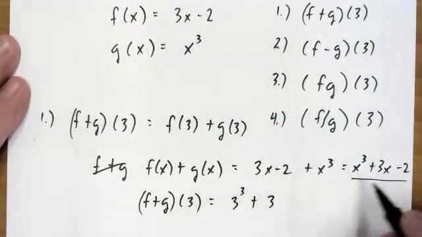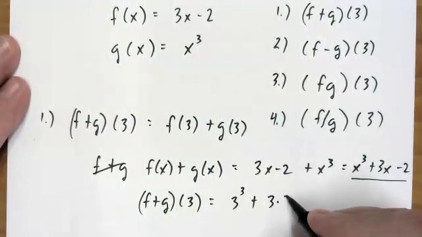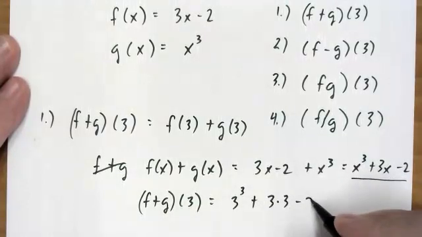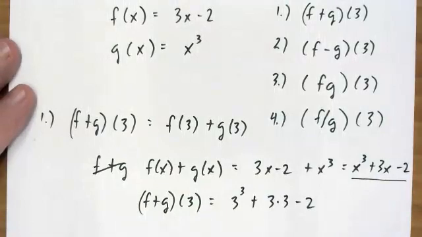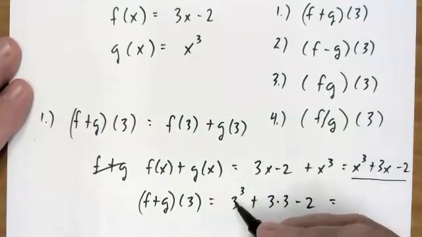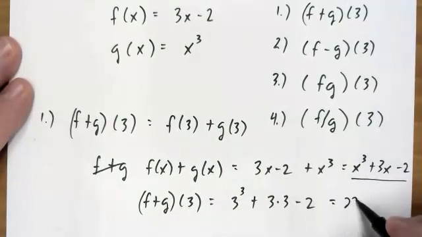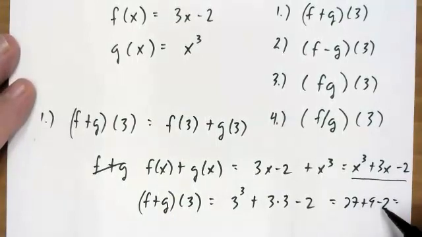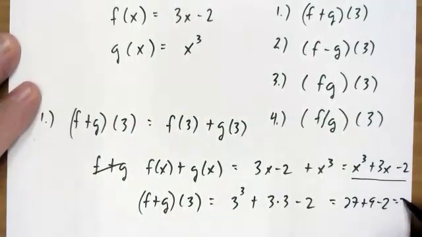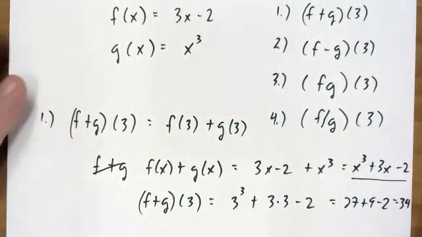I'm plugging in 3 for x, so it's 3 times 3, then minus 2. So once again, this function here is my f plus g, and now I'm evaluating that when x is 3. So 3 cubed is 27 plus 9 minus 2. What is this? 36, 34. If I don't mess up on the math.